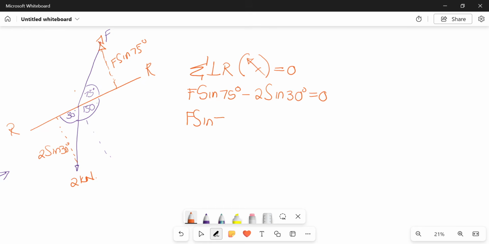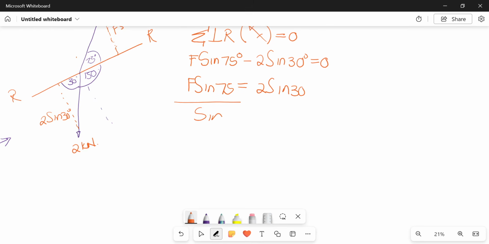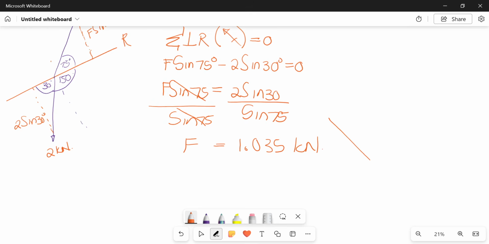F sine 75 is equal to 2 sine of 30. Divide by sine of 75. F is equal to 2 sine 30 over sine 75. Then I get 1.035 kilonewtons, and since it's positive, it means our F is pulling in that direction.